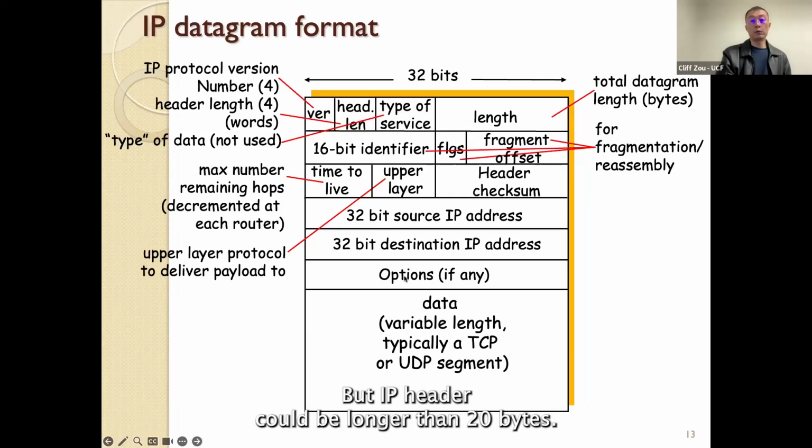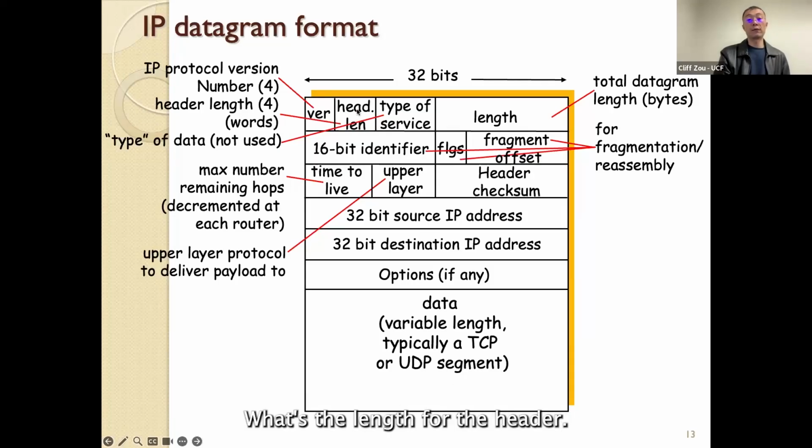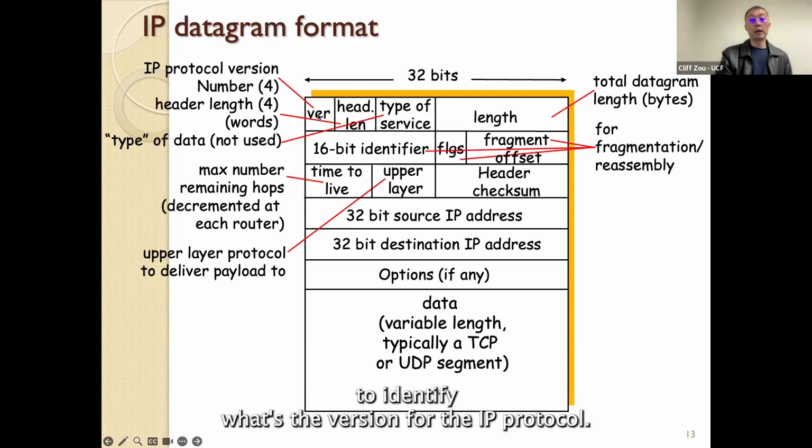But the IP header could be longer than 20 bytes, because some IP packets could have an optional field. That's why it has these several bits to identify the length of the header. The first 4 bits identify the version of the IP protocol. Right now, we are all using IP version 4.